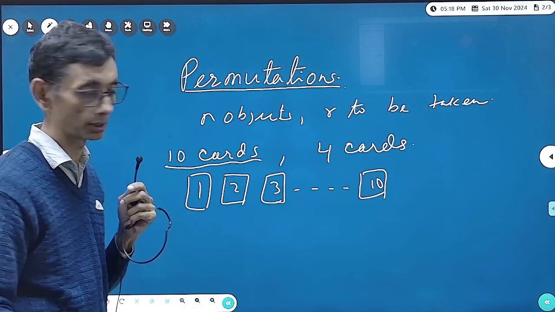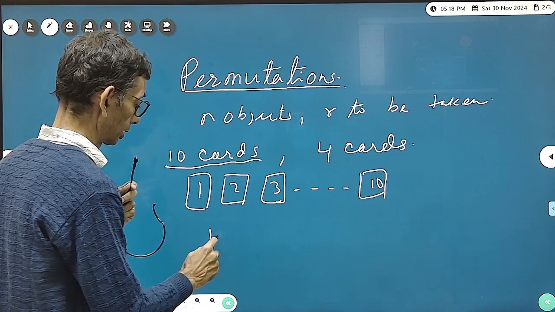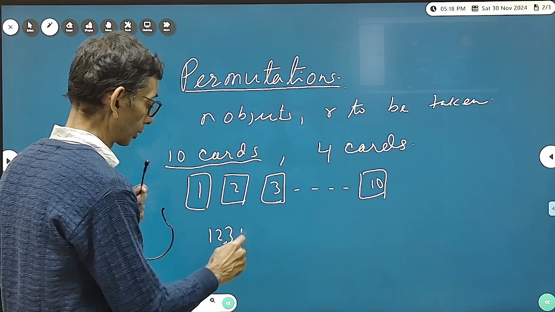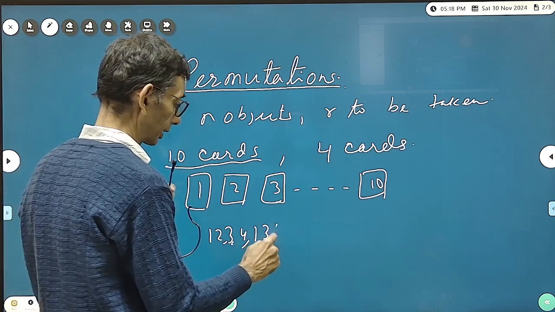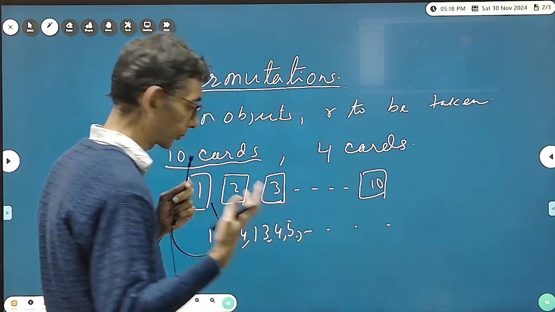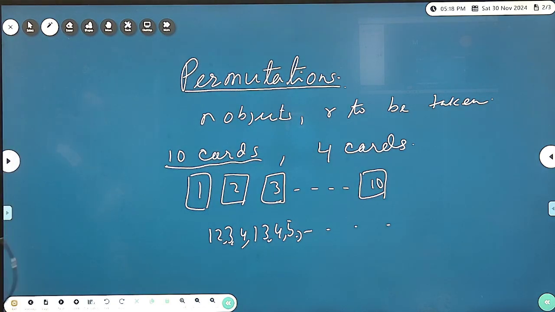First you take 1, then 2, then 3, then 4. You can take 1, you can take 3, you can take 4, you can take 5. Similarly you can keep on making groups of 4 like this, right? And remember one thing.